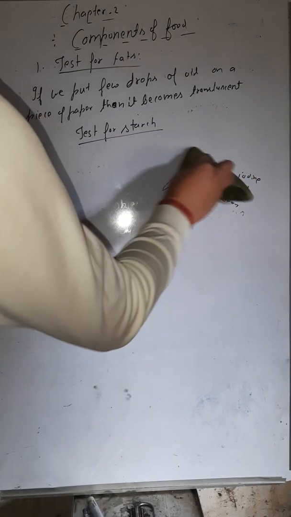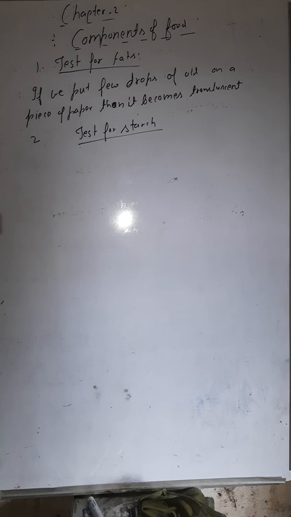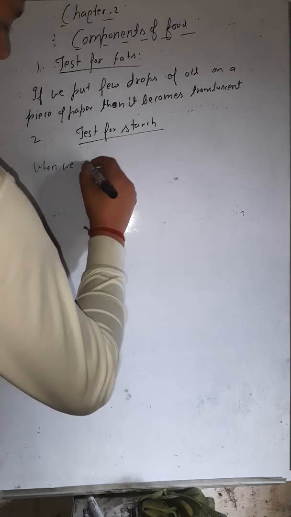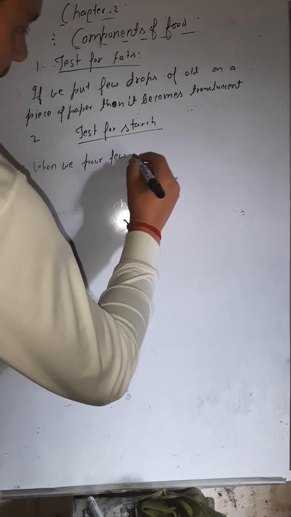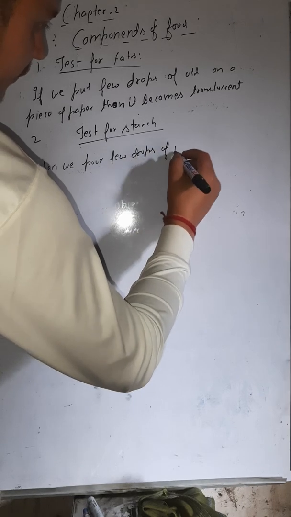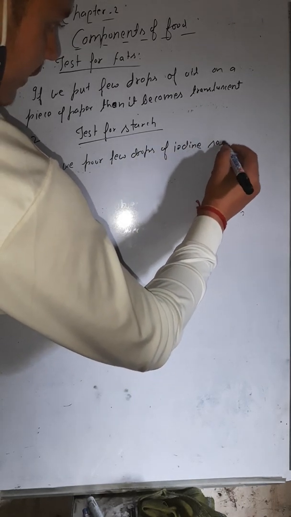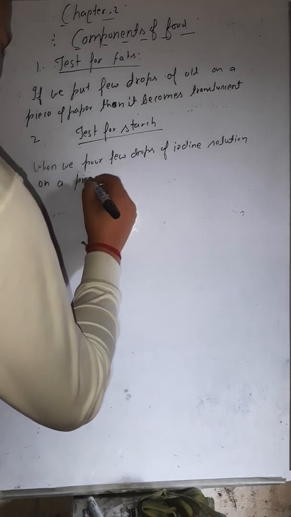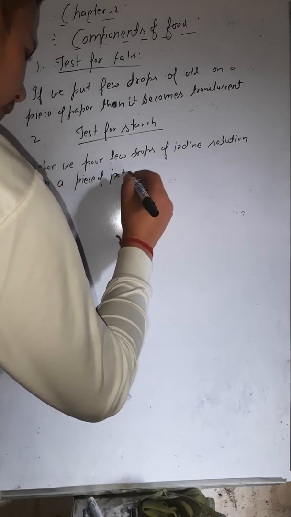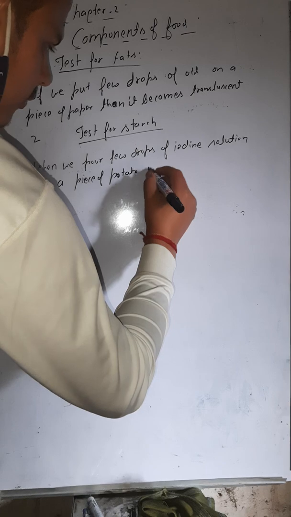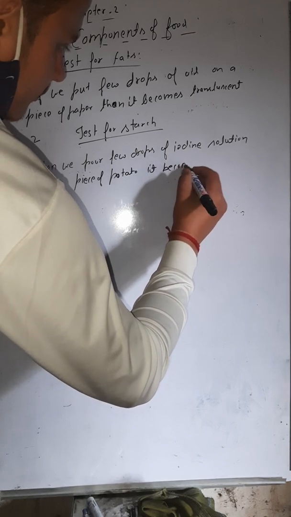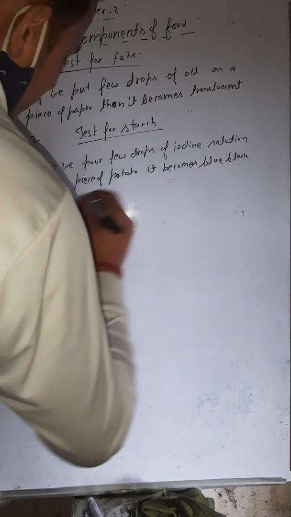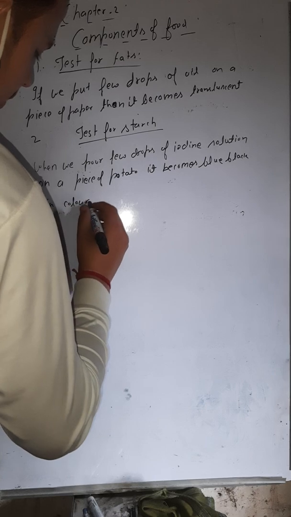Okay, so how will you write it? When we pour a few drops of iodine solution on a piece of potato, it becomes blue black in color.